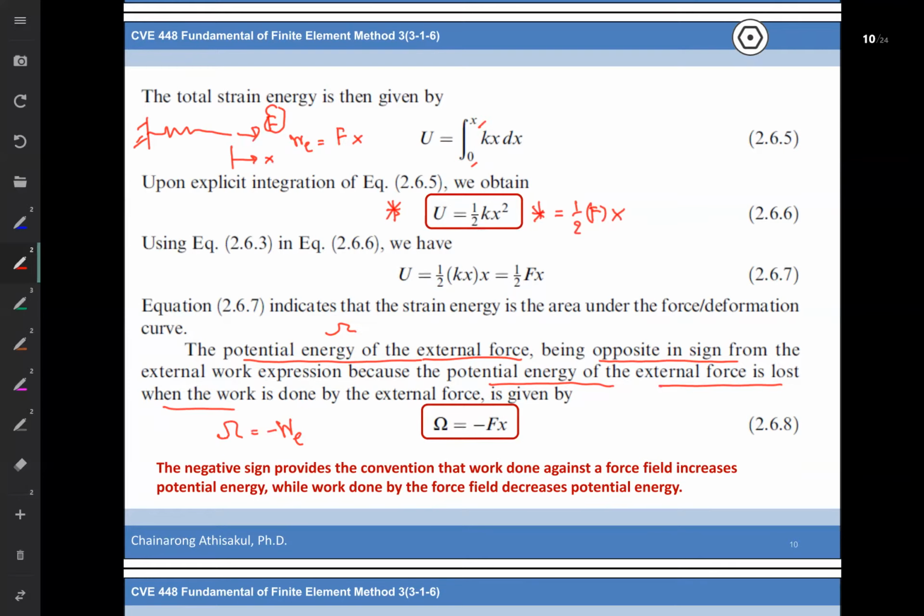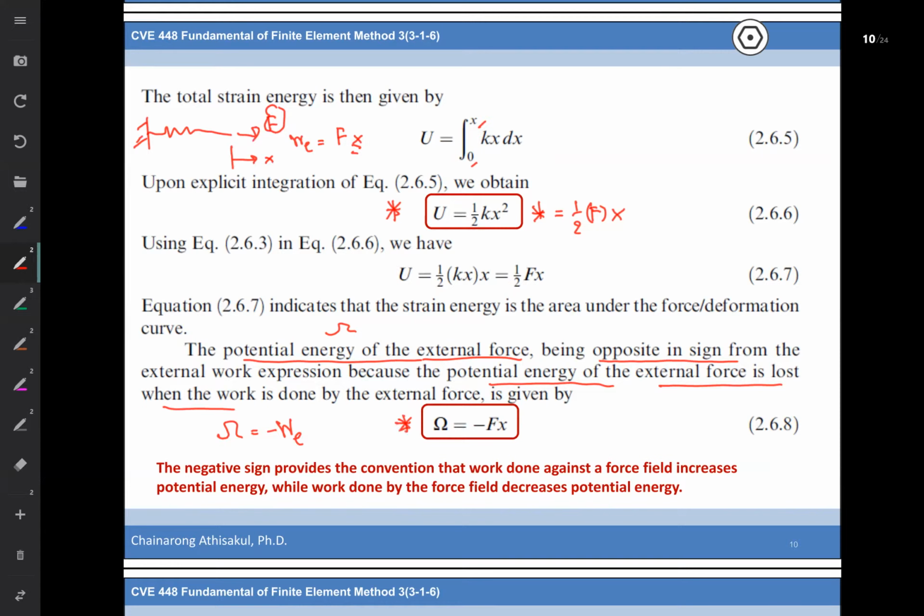If the spring has deformed by x, the potential energy due to the applied force is the negative of that. So we find that omega equal to minus Fx.